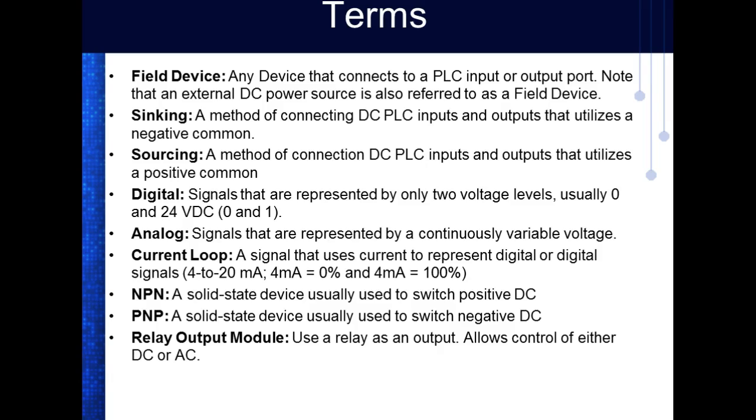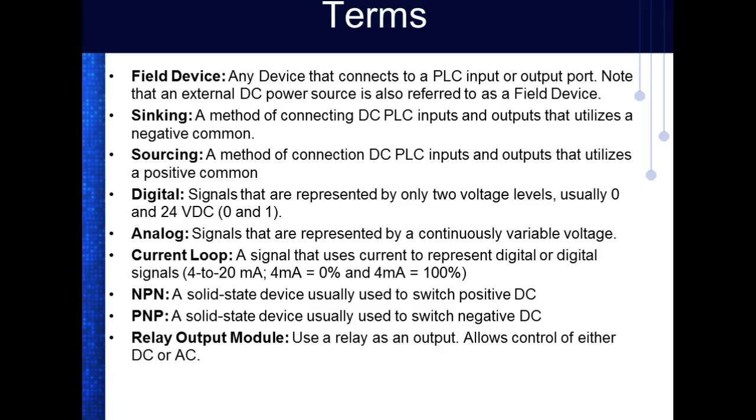Digital signals on PLCs are signals represented by only two voltage levels, usually 0 and 24 volts. Every PLC that I've ever played around with that uses DC inputs is one of these. Analog signals are signals represented by a continuous variable voltage or current.